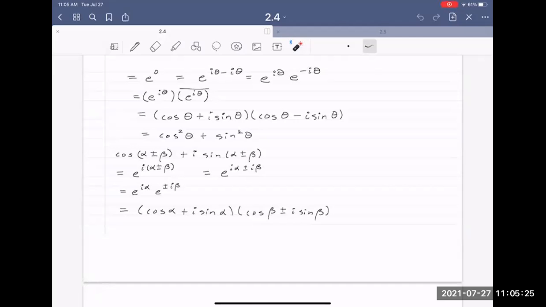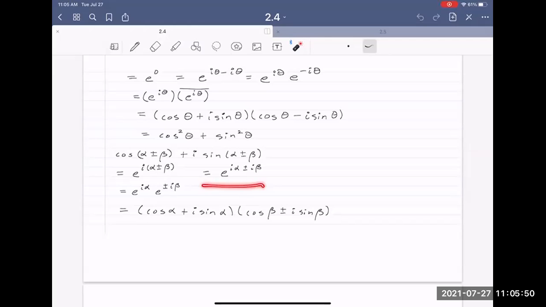Now let's derive the sum and difference formulas for sine and cosine. So cosine of alpha plus or minus beta, plus i sine of alpha plus or minus beta, is e to the i times the quantity alpha plus or minus beta. Multiply i inside the parentheses.